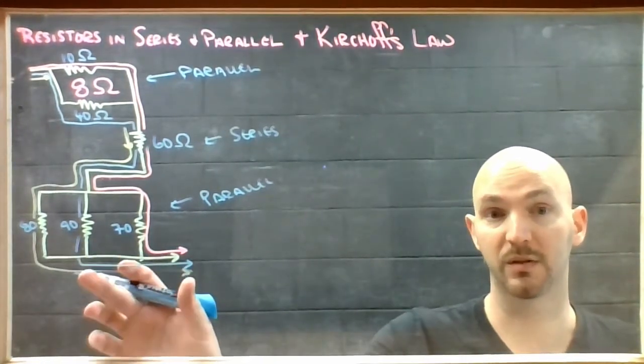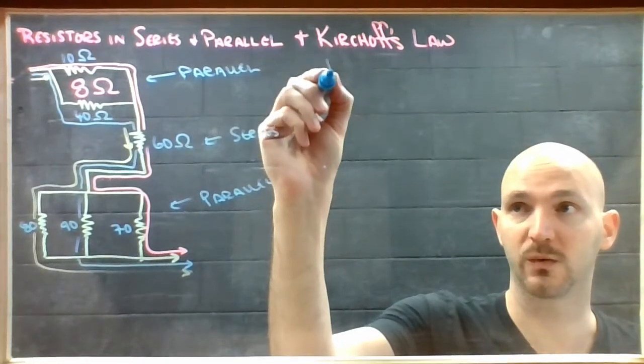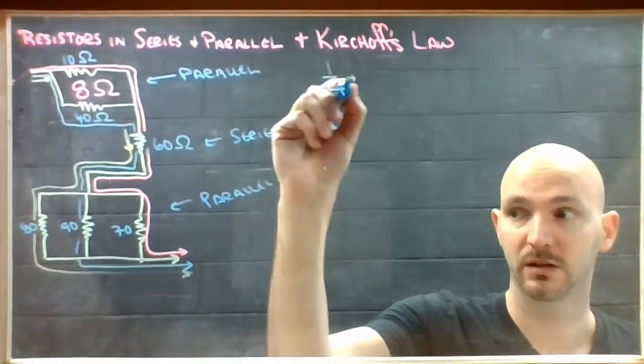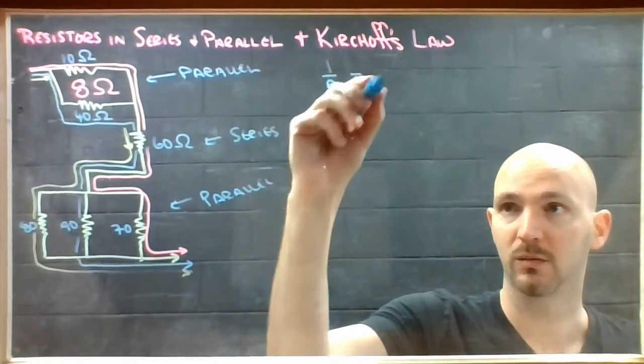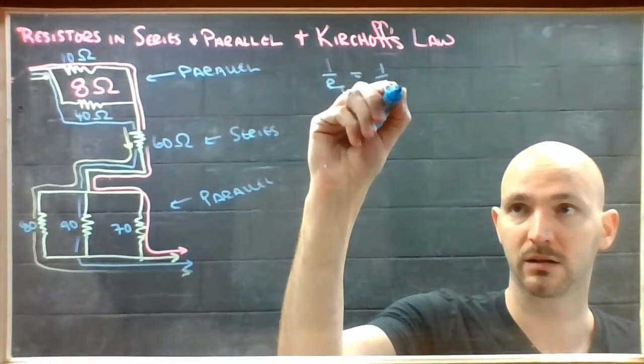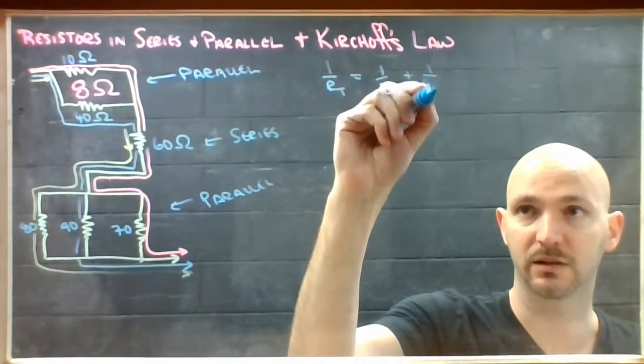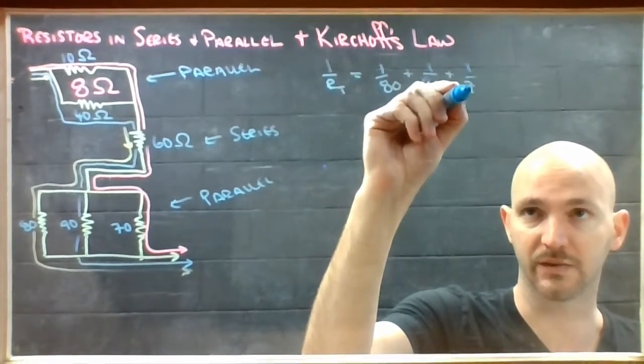Okay, so to do the bottom section, 1 over RT is 1 over 80 plus 1 over 90 plus 1 over 70.